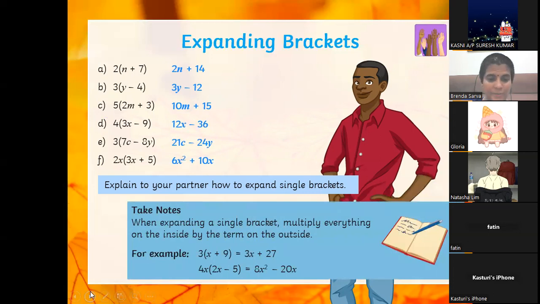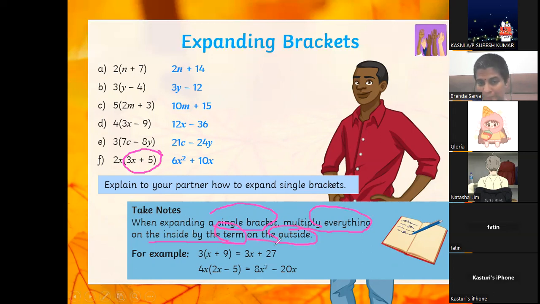Okay. So they tell you that when expanding a single bracket, remember girls, maybe there'll be a guy later, single bracket means one bracket. There's only one bracket you're dealing with. You've got to multiply everything on the inside by the term on the outside.